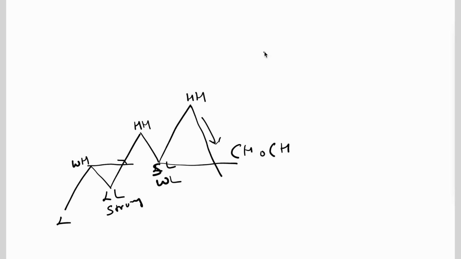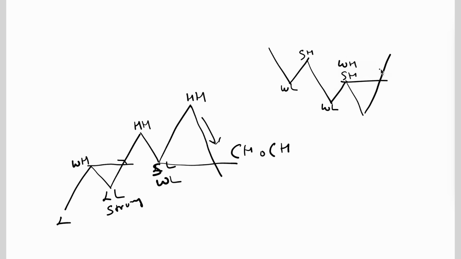Similarly, if the market is in a downtrend, this is a strong high, strong high. This is a weak low because this got taken over here. This is also a weak low because this got taken over here. Now for the market to change direction, it has to take this strong high and then it becomes a weak high, and we say there is a change of character in the market, which changes the market direction.